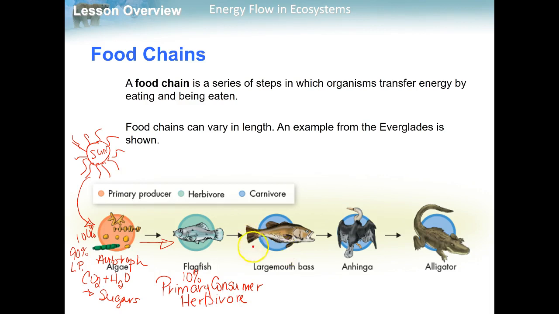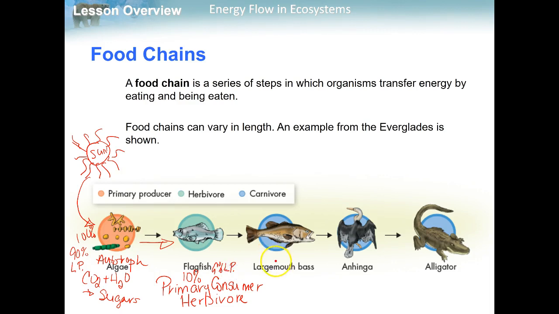So now this largemouth bass, which I love to fish, is going to eat this flagfish. That's what it's going to consume. Well, 9% of this 10% of energy from sunlight that the fish obtained is going to go to life processes.